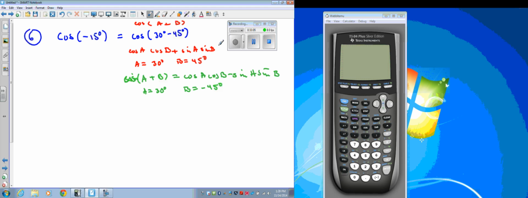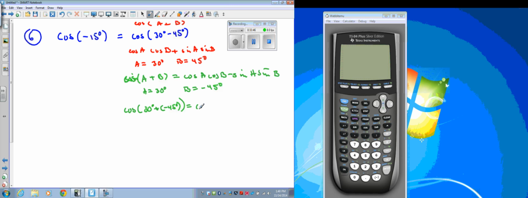No matter which way I do it, it should come out right. Being this is close, I'm going to substitute 30 and minus 45 in this side. This is going to be cosine of 30 degrees plus a minus 45, because I'm doing A plus B, where B is minus 45.